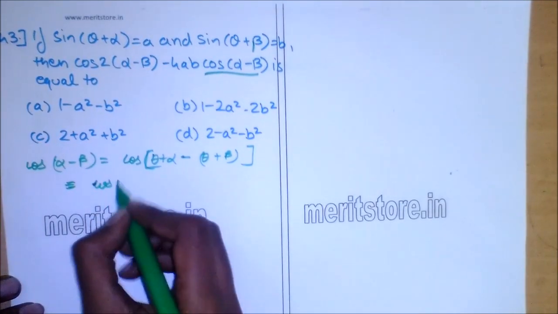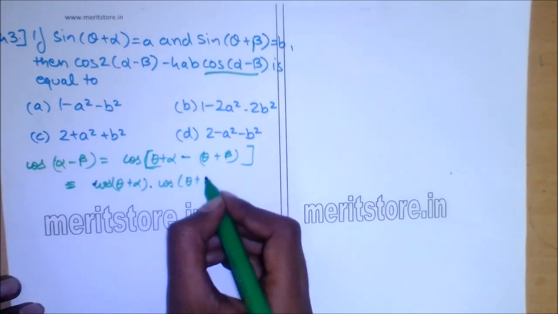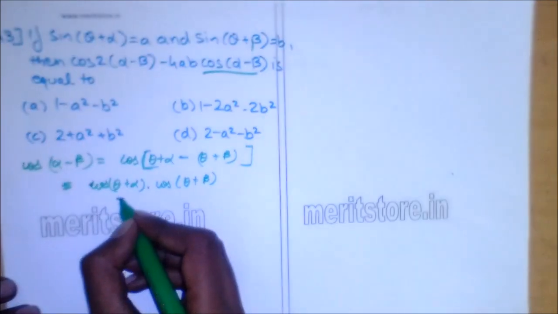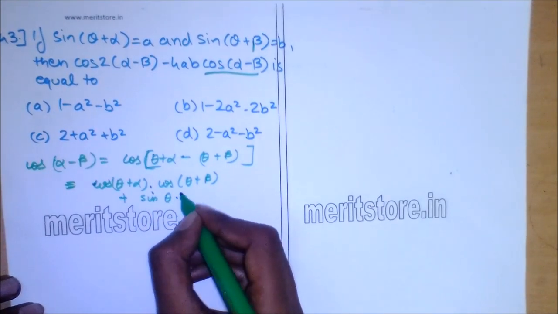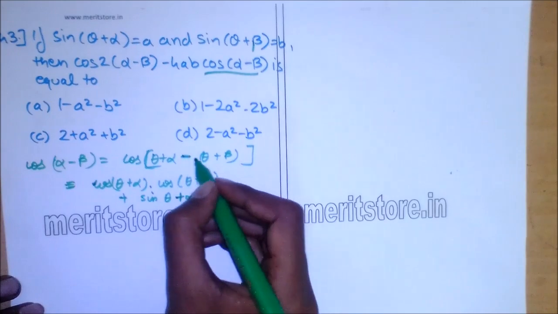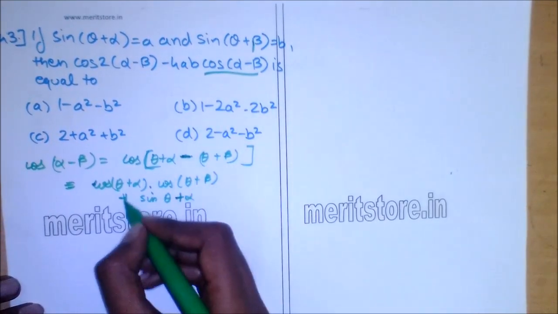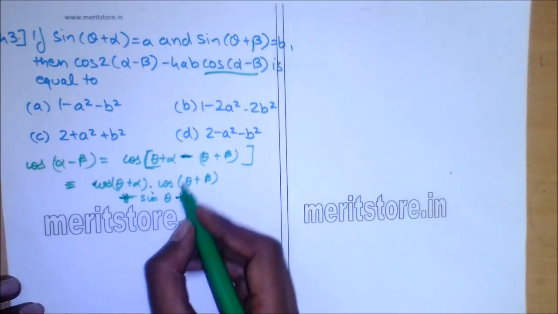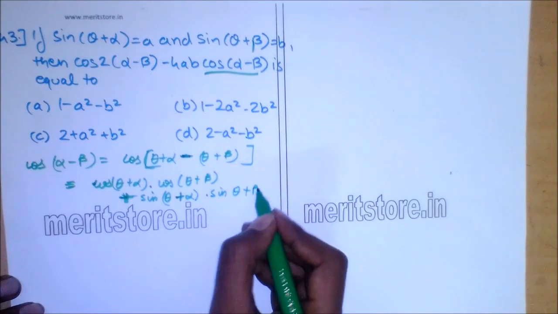So this is cos of (theta plus alpha) into cos of (theta plus beta) plus sine of (theta plus alpha) into sine of (theta plus beta), since it is cos of a minus b, there is a plus sign.